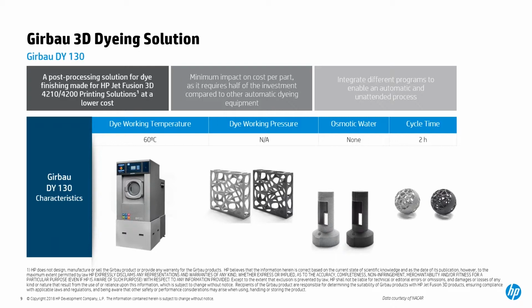This equipment is designed by a manufacturer of industrial equipment and provides an attended process without the need of any working pressure or water osmosis that may be required in other equipment available in the market.